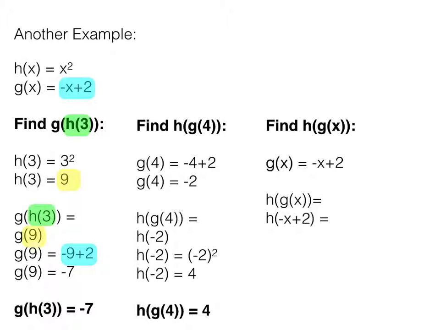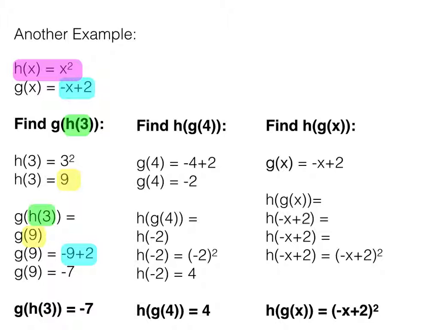So now we're looking for h of negative x plus 2. We just plug it into h of x equals x squared. So h of negative x plus 2 is negative x plus 2 squared. So h of g of x is equal to negative x plus 2 squared.